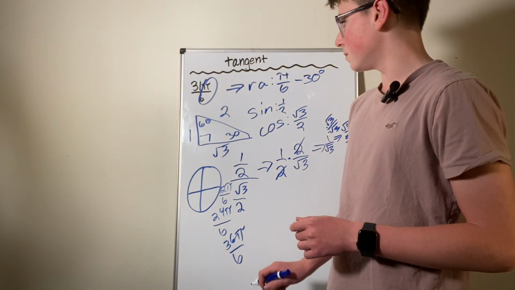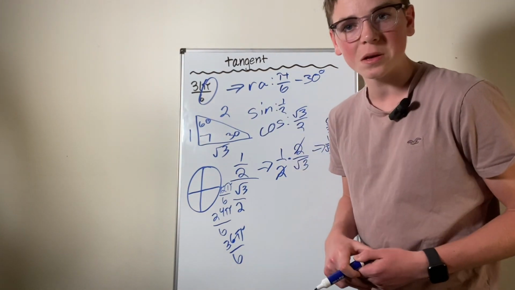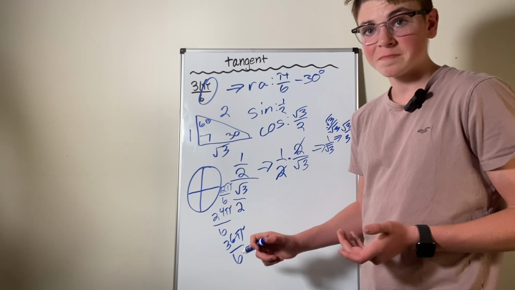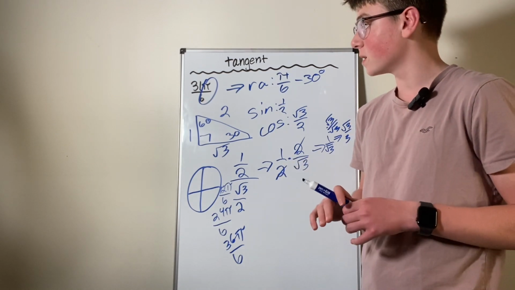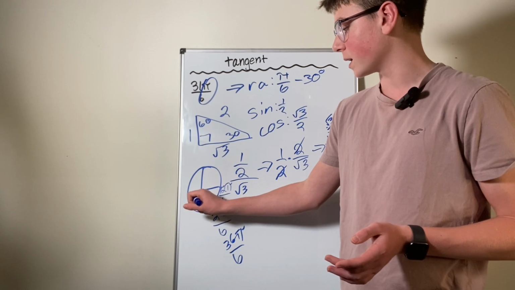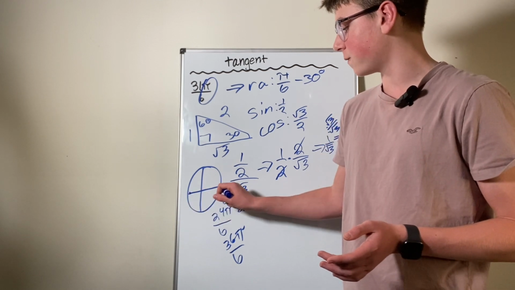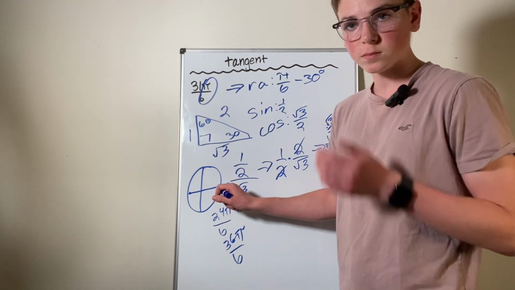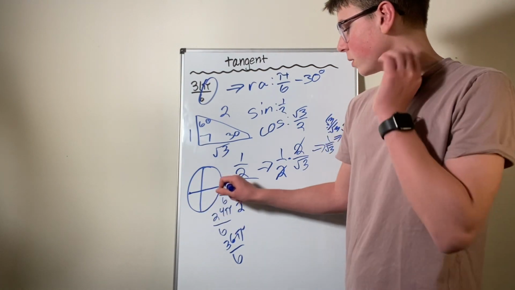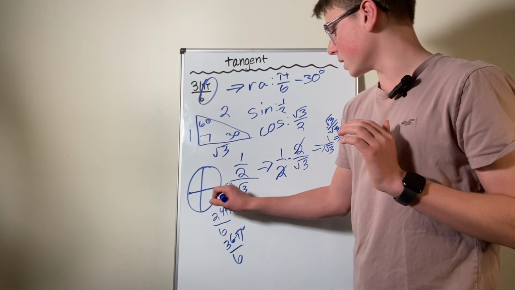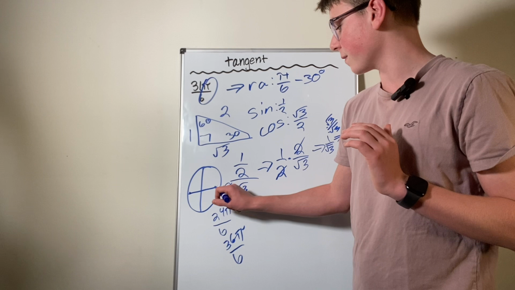Well, I know it is 5 pi over 6 away from 36 pi over 6, which is kind of helpful because 6 pi over 6 is a pi away, so it's close to this line. So it's got 2 rotations, right? So 1 rotation, another rotation, then it's 5 pi over 6 away from this.